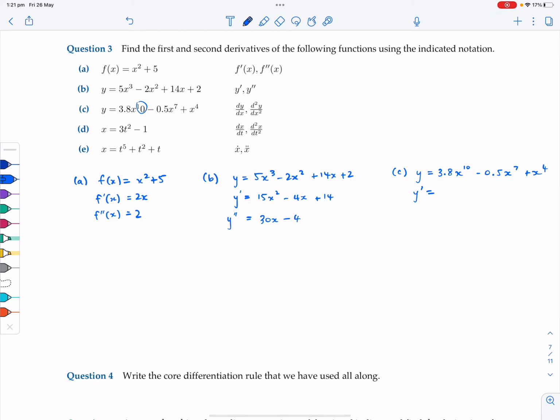And now y dash, the derivative, once again, please do not just go equals and then start differentiating, right? y dash is 38x to the 9 minus 3.5x to the 6 plus 4x cubed. Oh, sorry, I'm supposed to use this. So the notation here is dy dx.